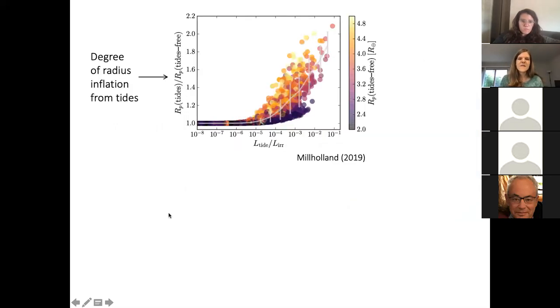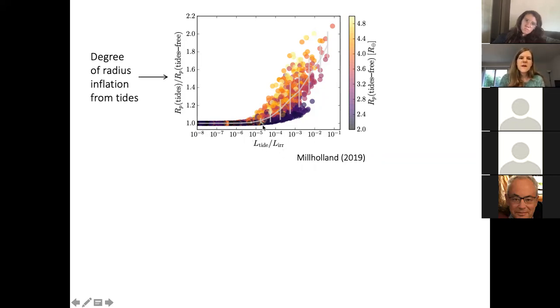And so here's the result of this Monte Carlo suite of simulations, where I'm looking at just the degree of radius inflation that we get from tides. On the y-axis is the ratio of a planet radius when you include tides in the model to the planet radius in a tides-free model. And I'm plotting it as a function of the ratio of the tidal luminosity with respect to the incident stellar power.